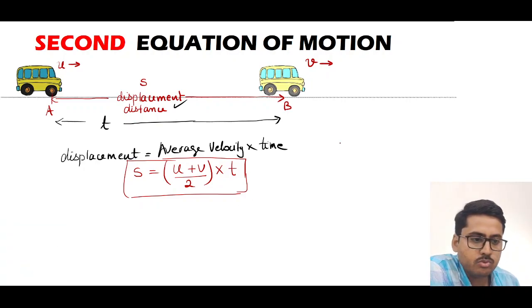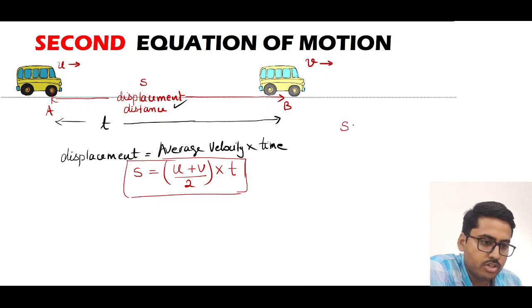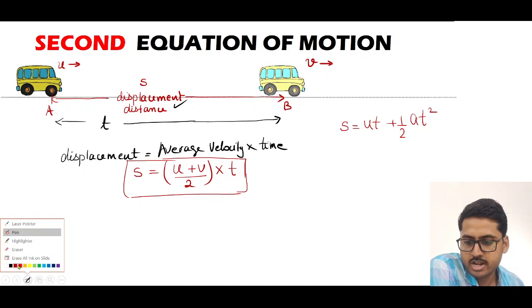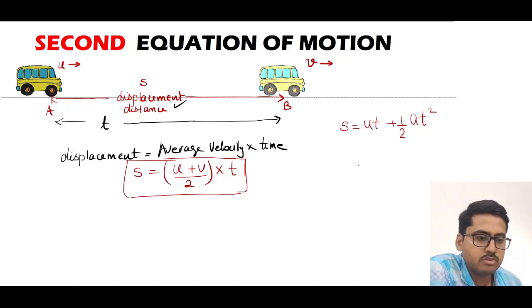Let us see equation 2 that we have to derive. Equation 2 is s equals ut plus half at square. So children, if I ask you, in the second equation, which parameter or which variable is not present over here?